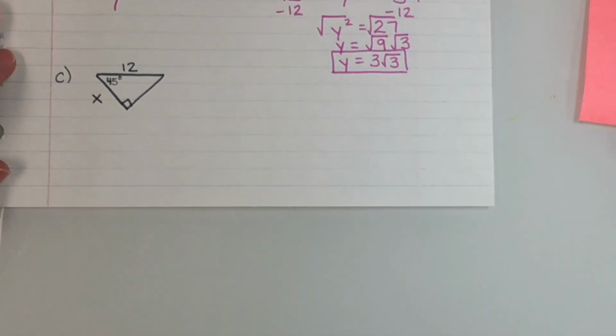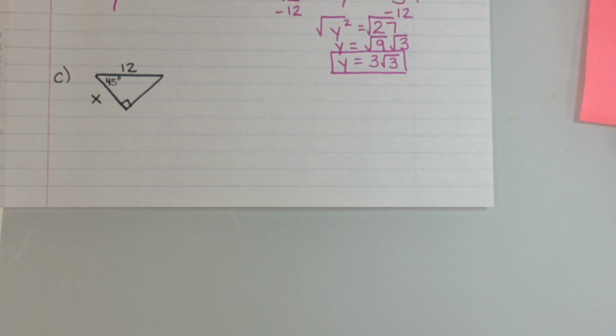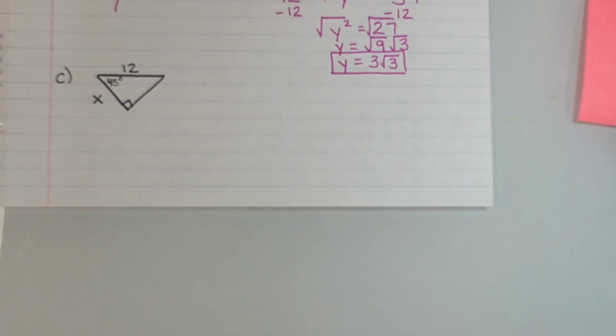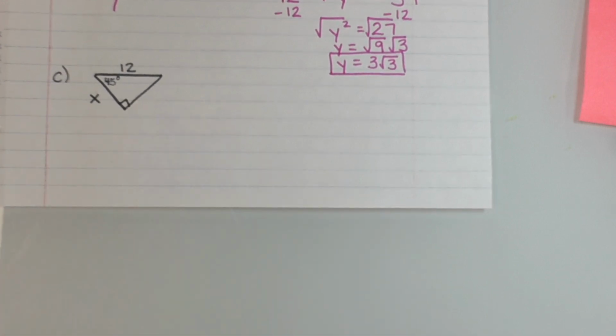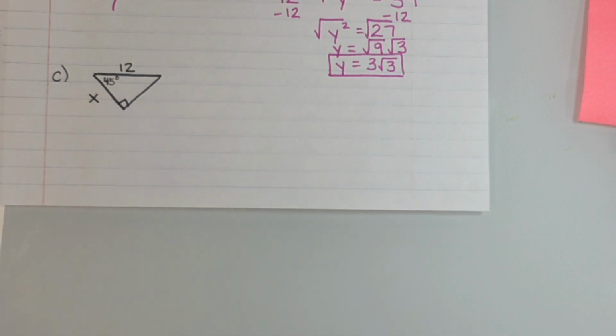This uses one other thing from geometry. Do you notice that I've only got one side length actually marked with a number? This one's missing. But I put an angle in there for a purpose. It's a 45-degree angle.